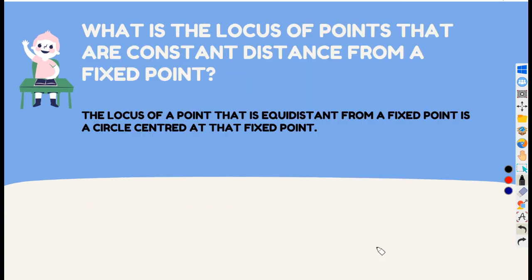Now, what is the locus of points that are a constant distance from a fixed point? The key point here is the fixed point. The locus of a point that is equidistant from a fixed point is a circle. If you find there is a fixed point, a fixed point means only one point, then you must draw a circle.